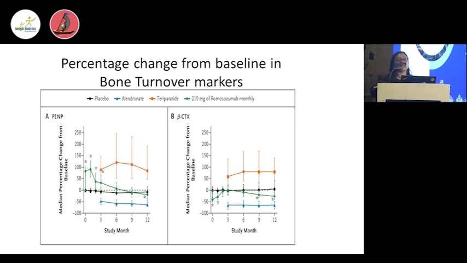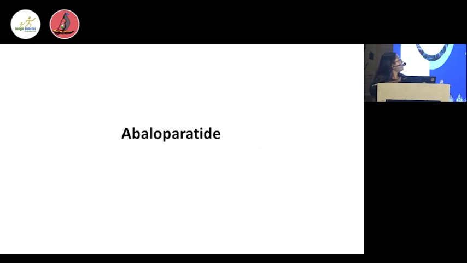And this was supported by improvement in the bone turnover markers. In the romosozumab group, there was an increase in the bone formation markers, that is P1NP, osteocalcin and BAL, and there was a decrease in CTX, which is a bone resorption marker, compared to the placebo.